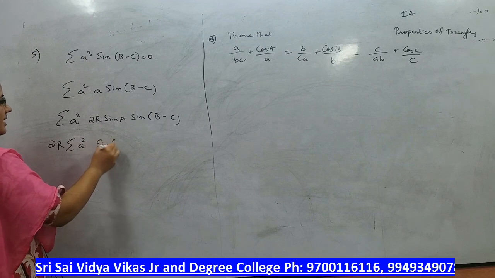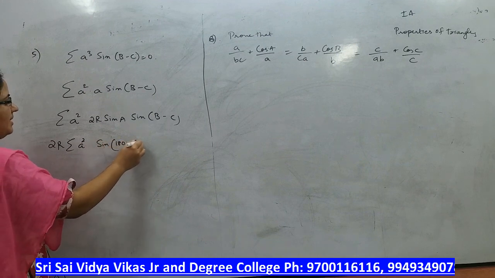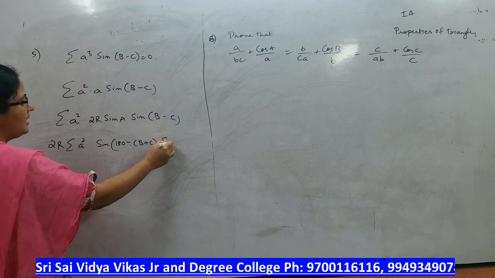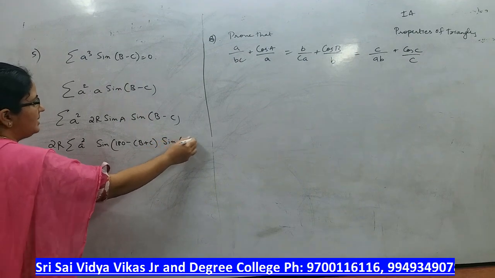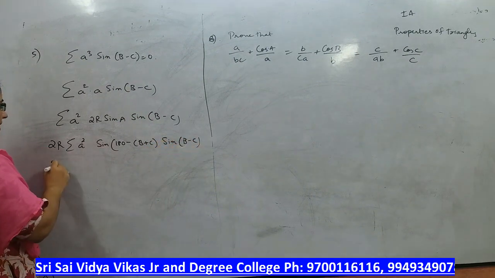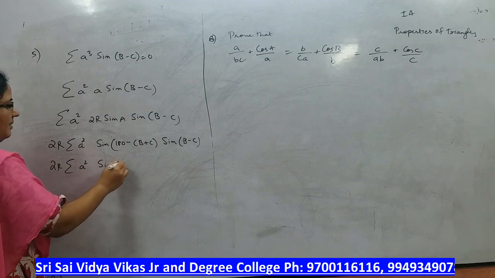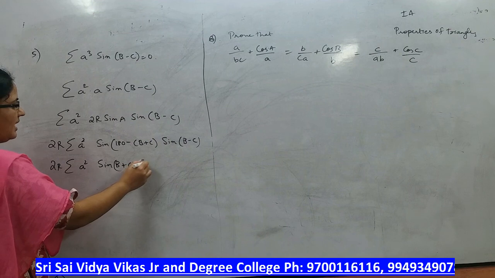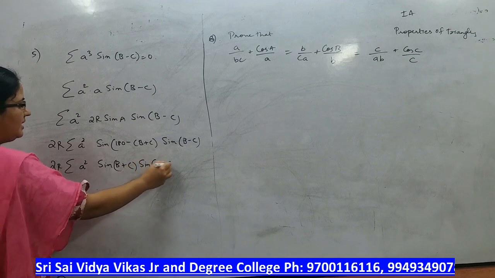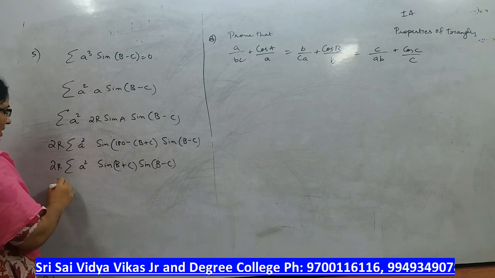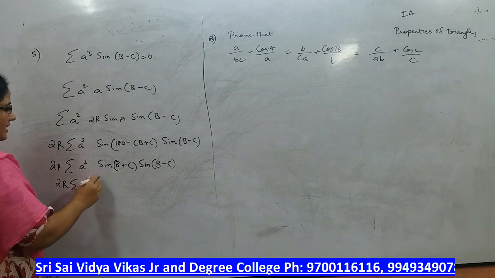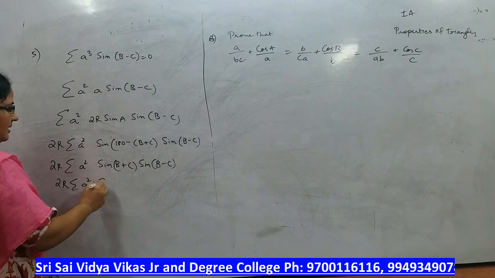Sin A can be written as sin(180 − (B + C)). So 2R summation a square sin(B + C) into sin(B − C).